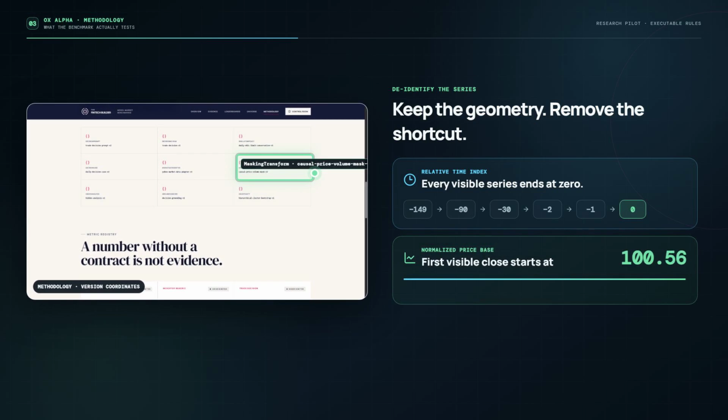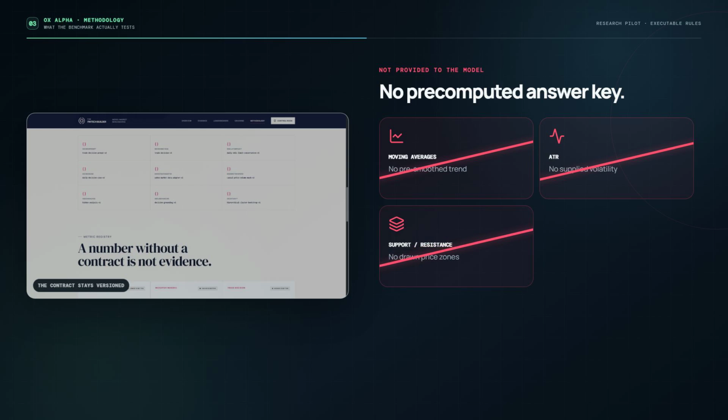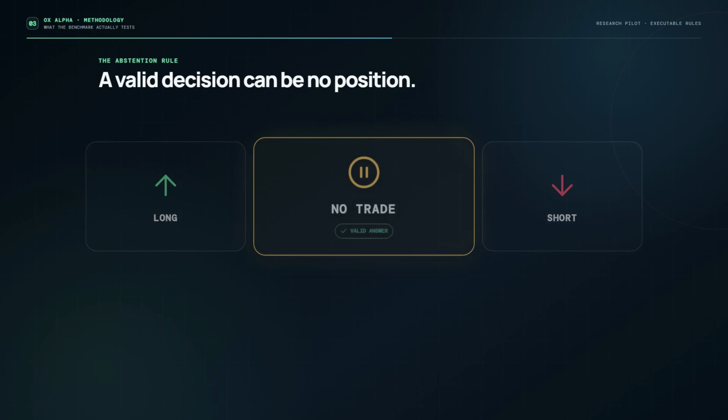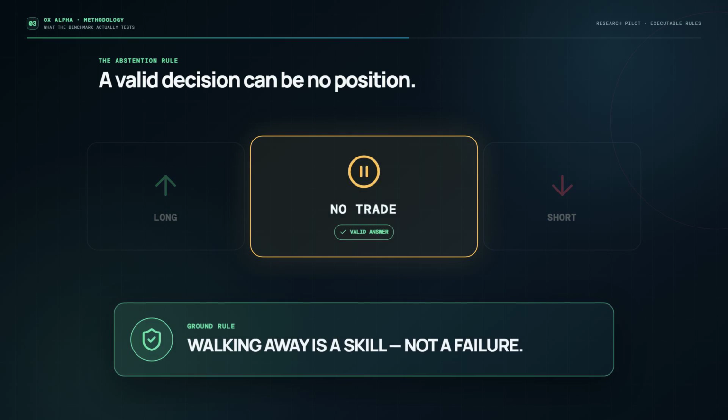This stops the model from simply memorizing stock names or dates, forcing it to focus purely on the shape of the price action. We do not feed it moving averages, ATR, support and resistance lines, or trend labels. It has to figure it all out on its own. And remember, saying no trade is a completely valid answer. Walking away from a weak setup is a smart skill, not a failure.